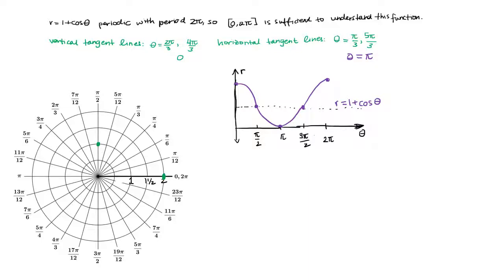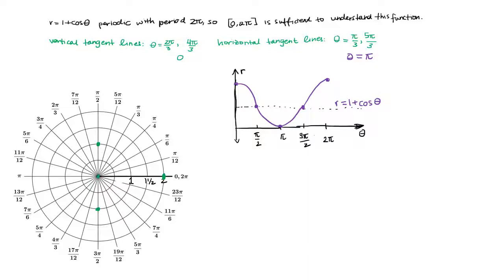At 3 pi over 2, we are again distance 1 from the pole. And at 2 pi, we are back to where we started. Okay. Now we should look at these multiples of pi over 3, since those are important points in terms of derivatives.